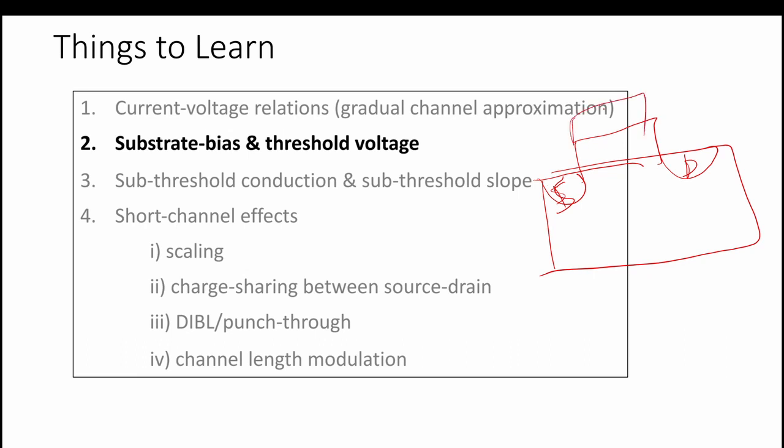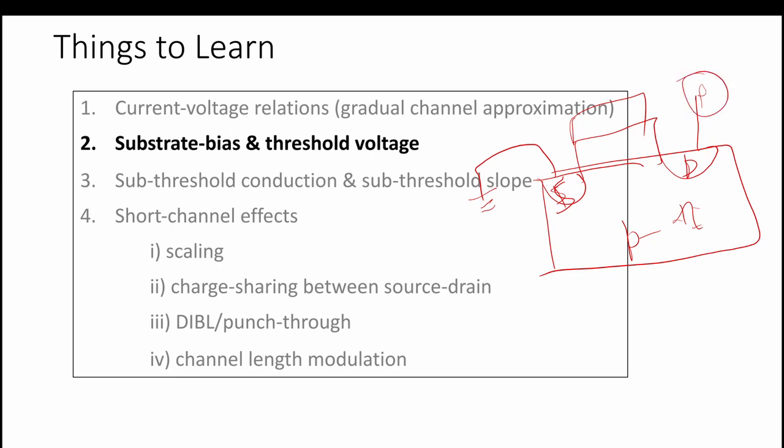This is the p-type substrate. We were grounding the source, and we were applying a positive or negative bias at the drain only.